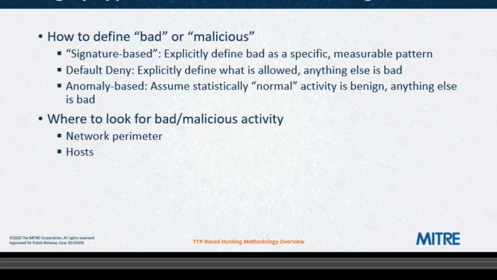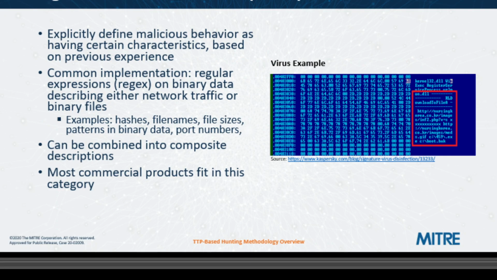A second aspect of these different approaches is where they're looking for malicious activity. One common place to look for malicious activity is at the network perimeter. Another example location would be on hosts inside the network. So one of these approaches is signature-based detection.